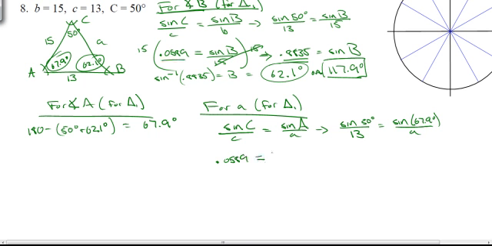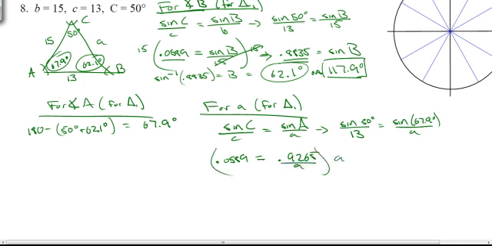And that is equal to, if you take the sine of 67.9 degrees, 0.9265 if you round it off, over A.